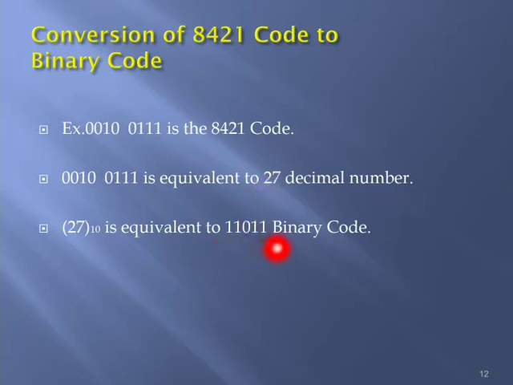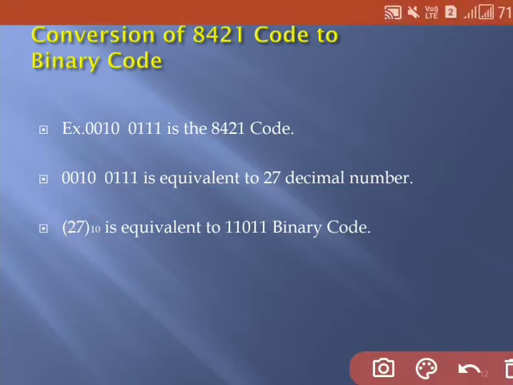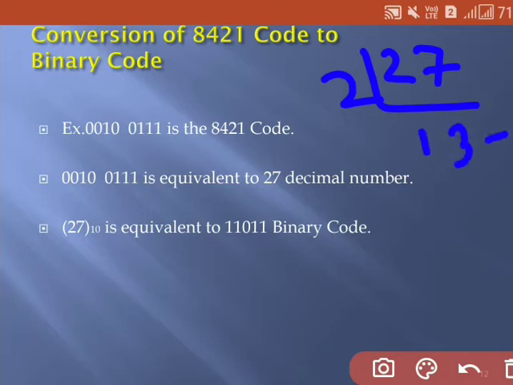You get this by dividing the decimal number 27 repeatedly by 2 until you get the quotient as 0 and remainder as 1. We will see how. It will be 27 divided continuously by 2.